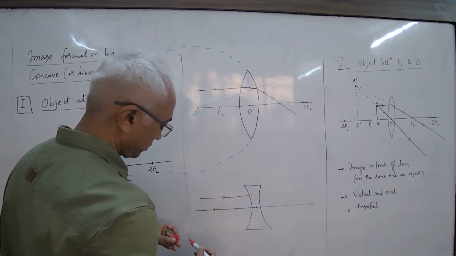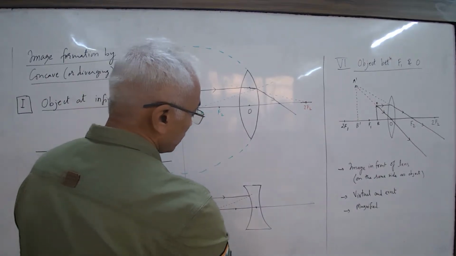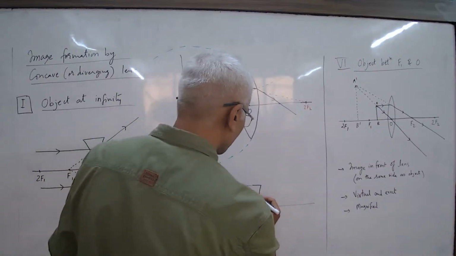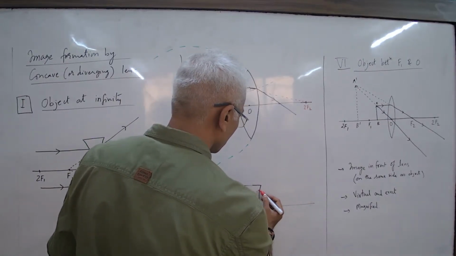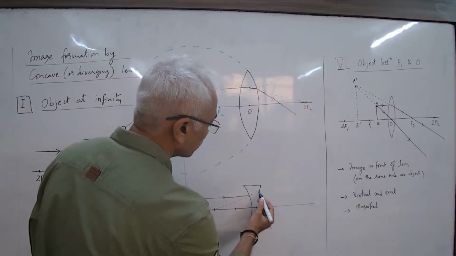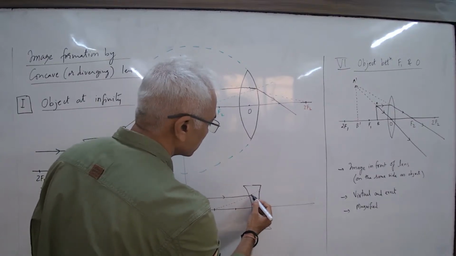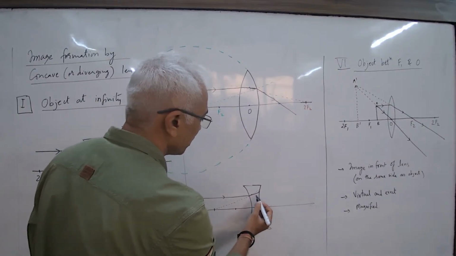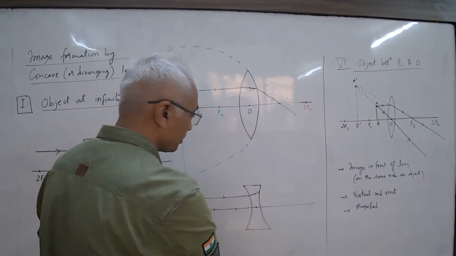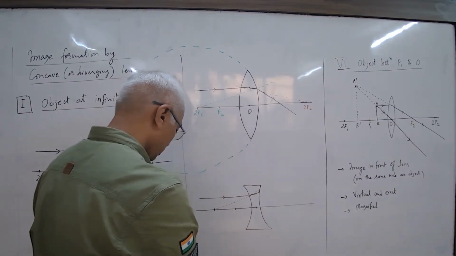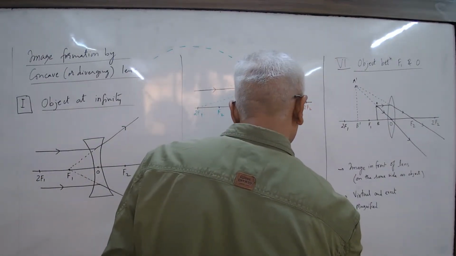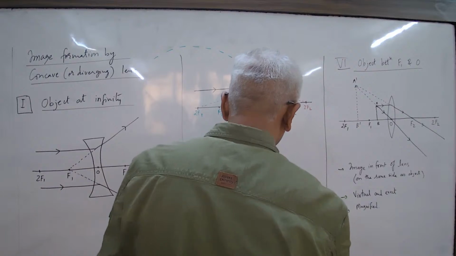This is the normal. It is entering from rarer to denser medium, so it should bend towards the normal. Let's say first bending is here. Now this is the second point of incidence. So where is the normal here?